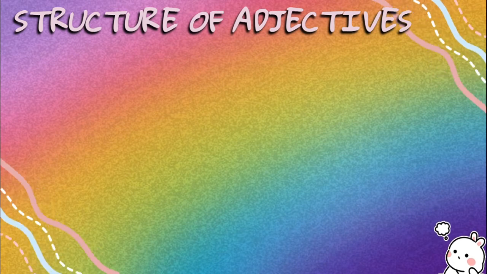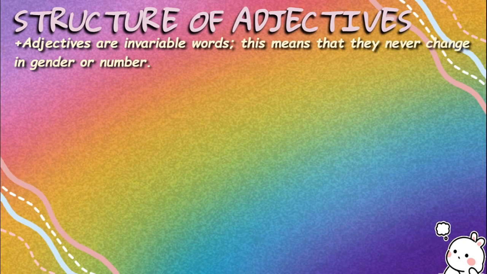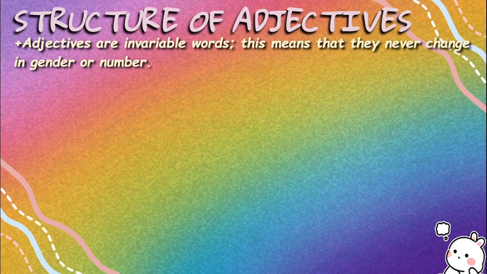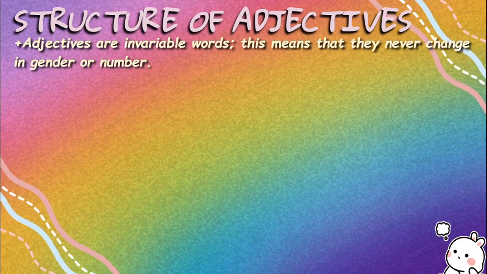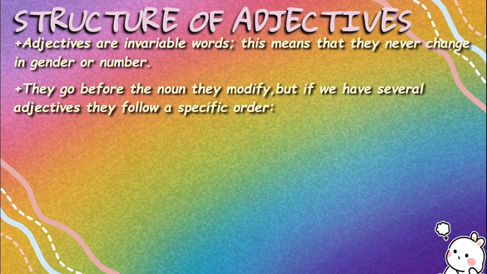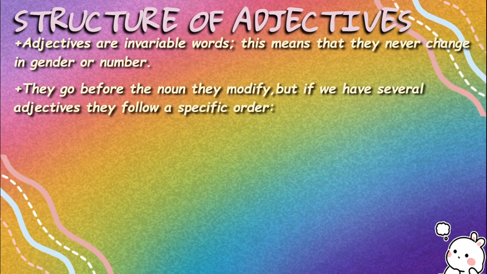Structure of adjectives. Adjectives are invariable words. This means they never change in gender or number. They go before the noun they modify, but if we have several adjectives, they follow a specific order.